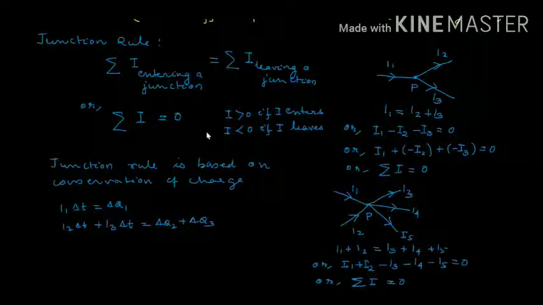So according to conservation of charge, delta Q1 is equal to delta Q2 plus delta Q3. Charge flowing into the point P is equal to charge leaving the point P. So there is no accumulation of charge at the point P. So junction rule is based on conservation of charge.